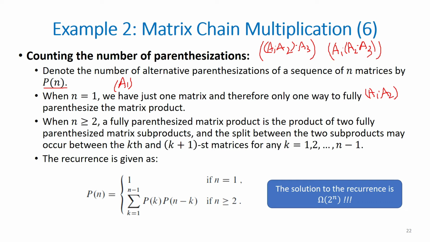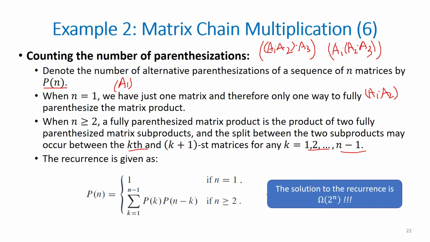For larger values of n, a fully parenthesized matrix product is the product of two fully parenthesized matrix subproducts. The split between the two subproducts, however, can occur between the kth and the (k plus 1)th matrices, where k takes values from 1 to n minus 1. This can be recursively expressed as follows.